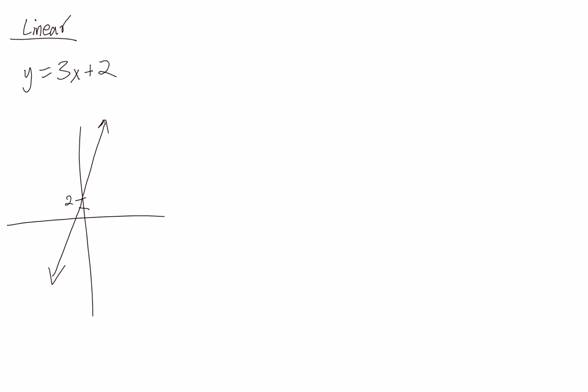Okay, so let's go through the same types of things again. In this case, the degree, we say it is a first degree because on the x, we could actually have an x to the 1. So we would say it has degree 1.